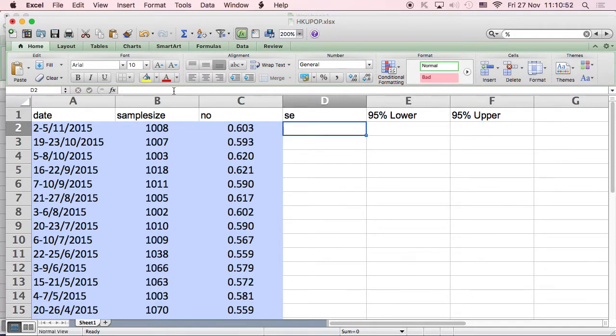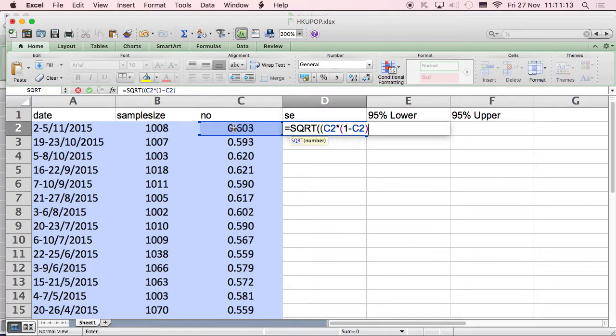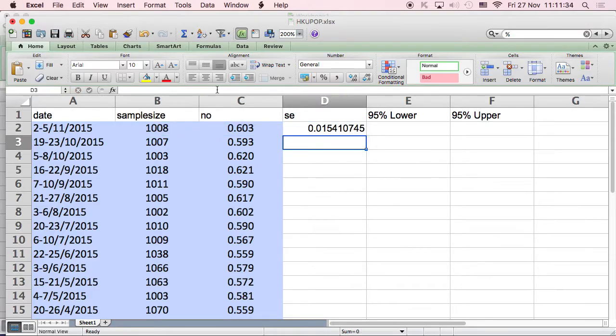So SE is equal to the square root of P times 1 minus P divided by n. It should be something like this.